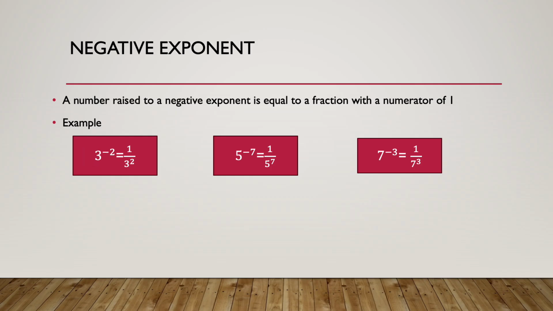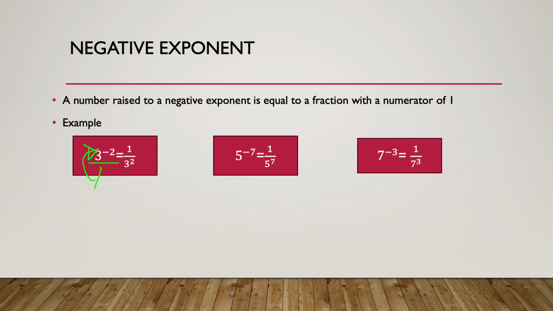Now I think you can see. I'm going to show it again. You write it like that, and you change the number. Normally you get the number 1 up, and you send this 3 with minus 2 to the bottom.